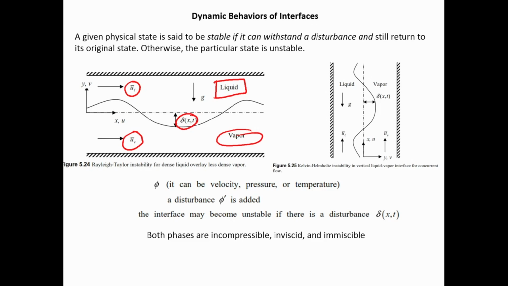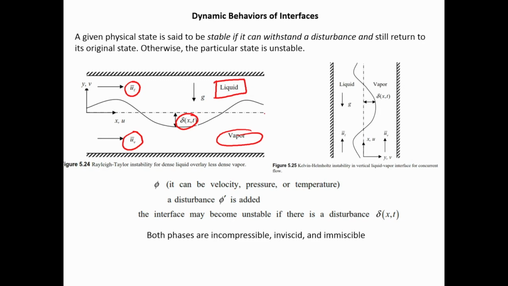You can consider it like a string, and I am clipping a part of the string, so it naturally will oscillate. Now, if this oscillation dies down and it returns to its original flat configuration, then we will call this a stable situation. You impose a disturbance, the disturbance decays away, and so it is a stable configuration.